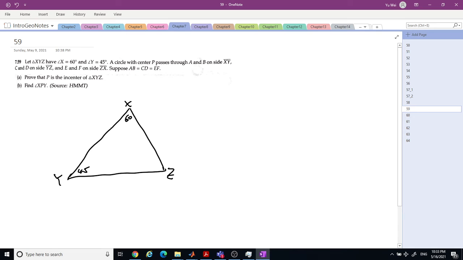Okay, so we have a circle passing through these points: AB, CD, and EF.